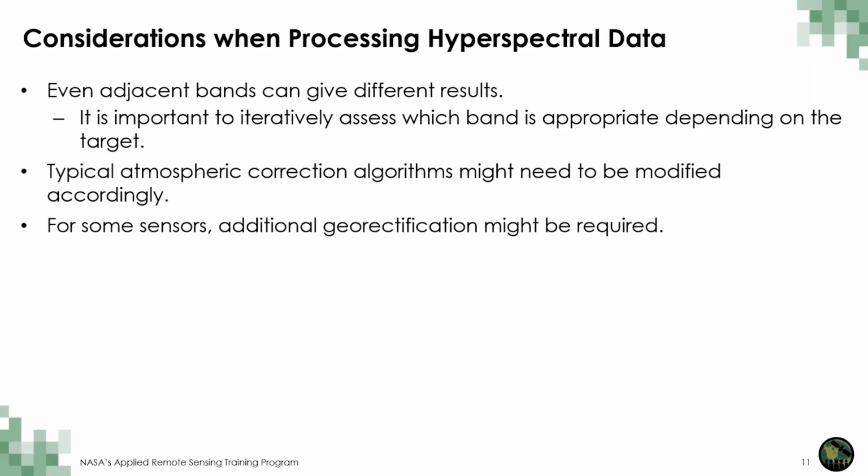Most times people still use some of the typical atmospheric correction algorithms like FLAASH or Tafkaa or ATREM or others, but you might need to tweak them a little bit to make them more feasible to use with hyperspectral data. And for some sensors, there might be some additional geo-rectification required.